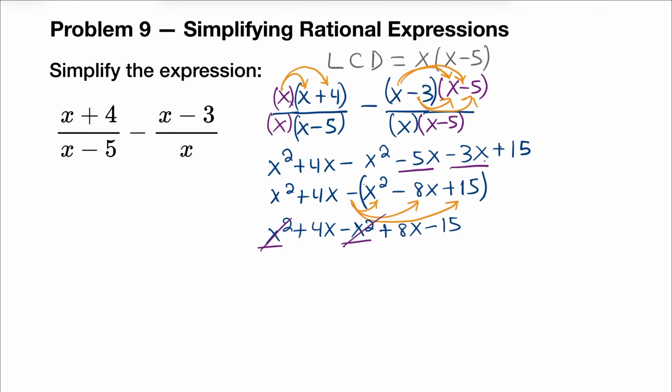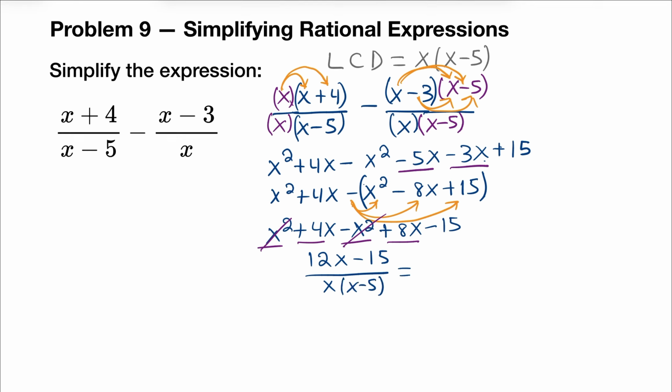And then we have positive 4x and positive 8x, which in this case is 12x. So that is 12x minus 15. Don't forget it is over your least common denominator of x times x minus 5.